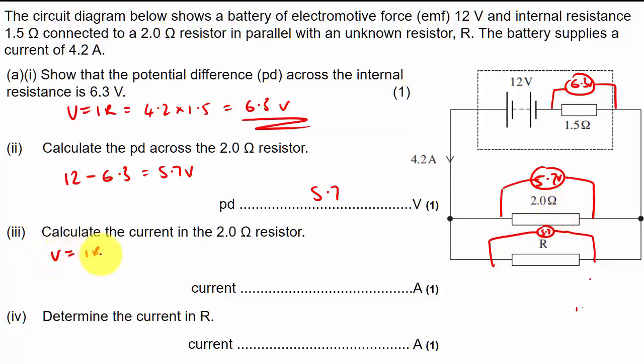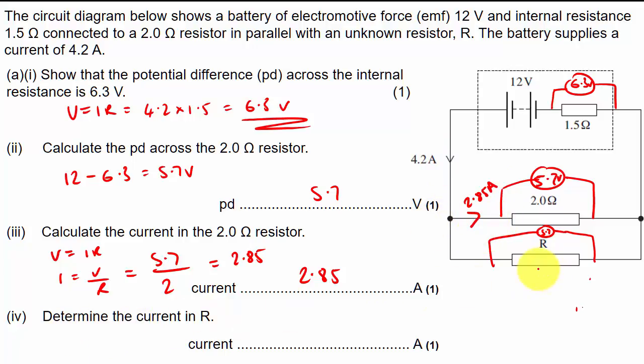Since V equals IR, rearrange for I equals V over R. The voltage is 5.7 and the resistance is 2, so 5.7 divided by 2 is 2.85 amps, and the unit's already there. I'm going to annotate my diagram as I go along: 2.85 amps. So you can see I've got 4.2 coming in, 2.85 goes that way. Guess what the next question asks me for?